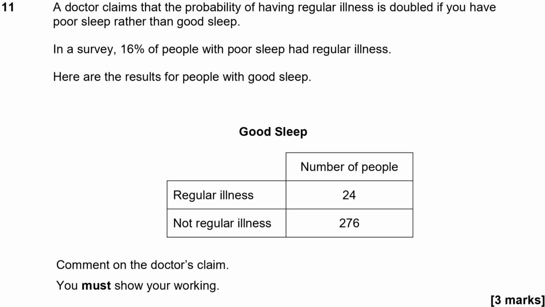So if I had 24 people with regular illness and 276 with not regular illness, then adding those two numbers together will give me the total of the sample size. I'll just change pen. So 300 altogether. So I've got 300 people.